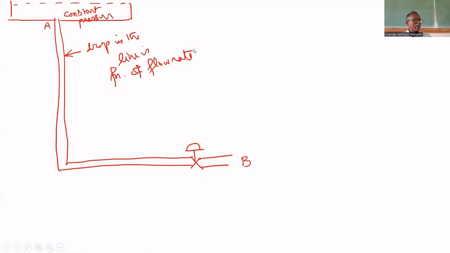If you open 25%, flow rate is very small, so the drop in the line will be minimum. That's why the pressure drop across the valve is not constant.